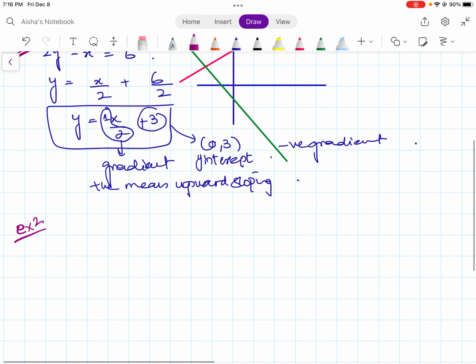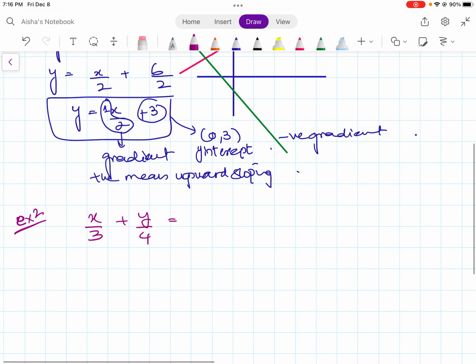Example 2. x upon 3 plus y upon 4 equals 5. Let's take the LCM here.